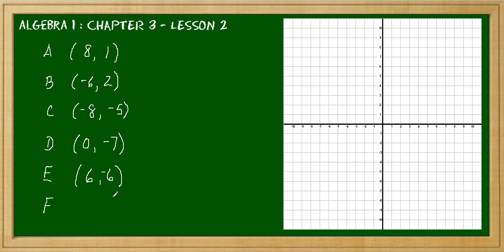And now for our last one, F. That would take us out to 5, 6, 7, 8, 9, 10. So it'll be positive 10, but then again we're going to drop down into negative territory, and that'll be 2 points. So it'll be 10, negative 2.